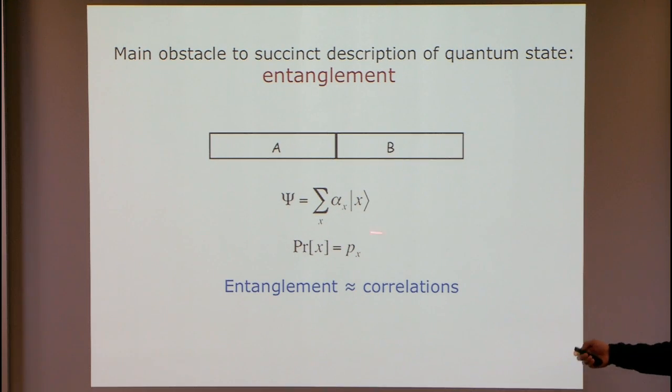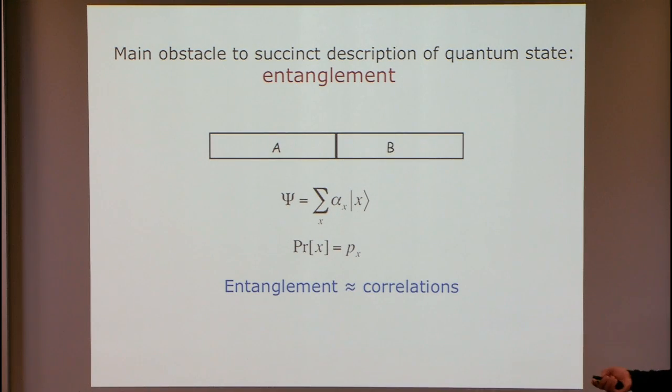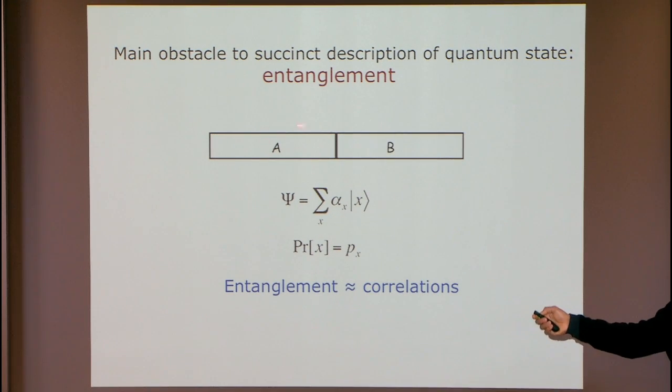If you think of the quantum state, it's a superposition over all the classical configurations. The probabilistic analog of that is a probability distribution over all the n-bit strings. And then entanglement between A and B is really the quantum analog of correlations between the left side and the right side in the probability distribution.